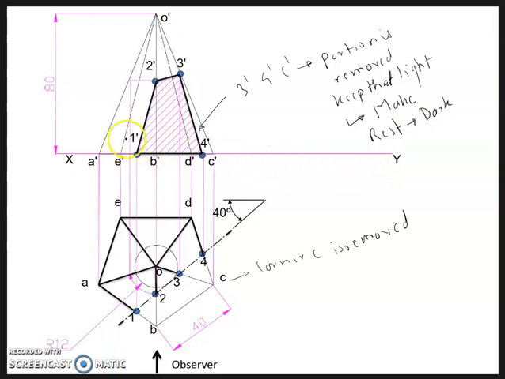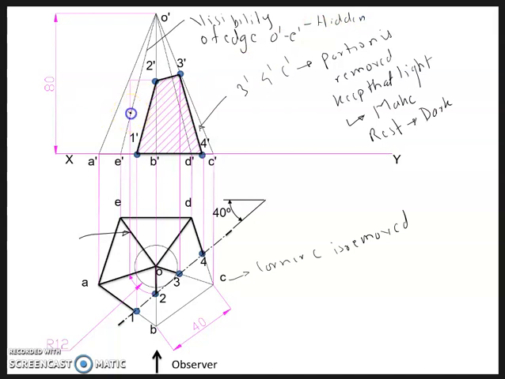Now one more thing before you make this dark, we have to discuss the visibility of edge O dash E dash. So if you see this edge O dash E dash, this edge is hidden. Alright, this is hidden.